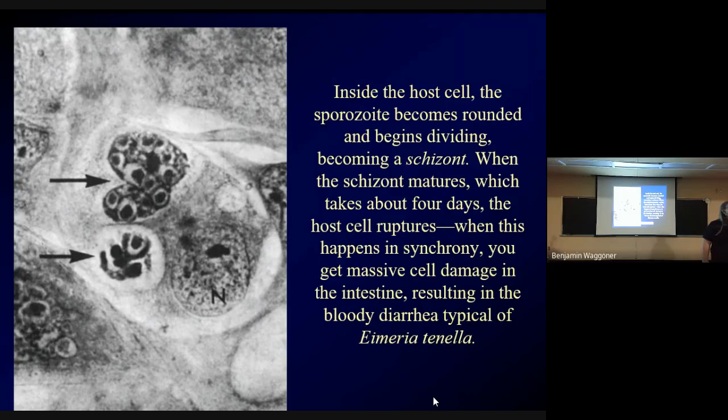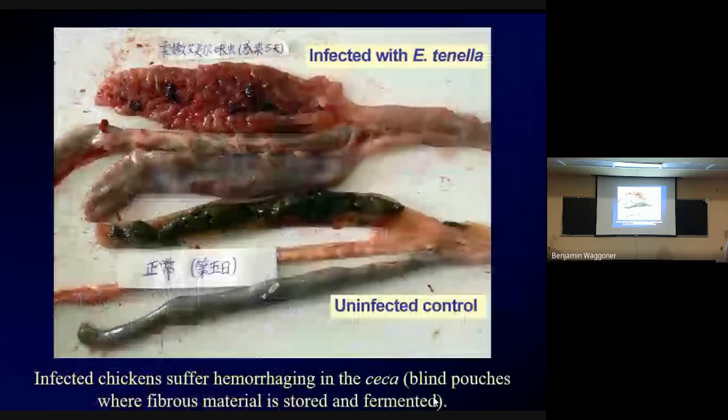So if you're a chicken, you're just sitting there minding your own business, and all of a sudden many thousands of your gut cells all burst open at once and release merozoites. And then 4 days later, millions of your gut cells all burst open at the same time and release millions more merozoites. And so you get repeated bouts of terrible cell damage leading to bloody diarrhea if you're a chicken, which is not fun.